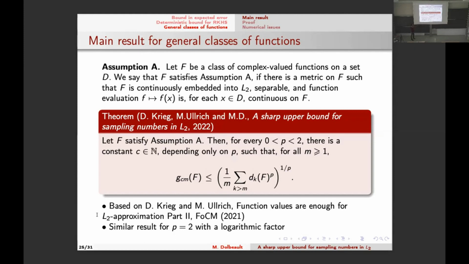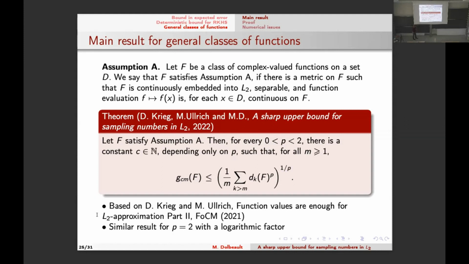Okay, I'll try to be fast. Just another point to say that the first one was with L2 summability in reproducing kernel Hilbert spaces. And the RKHS setting might be a little too constrained. So I want to know what happens for general classes of functions.